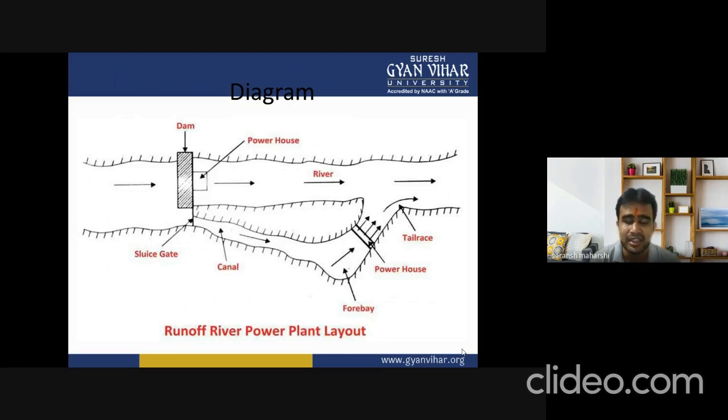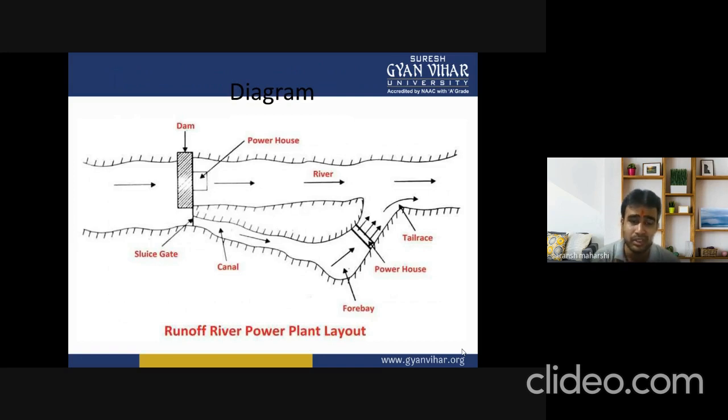And in this diagram we consider some factors like dam, powerhouse, river, sluice gate, canal, forebay, powerhouse, and the tailrace. First of all, dam, which is used as a primary source to generate the electricity in the hydroelectric power plant.